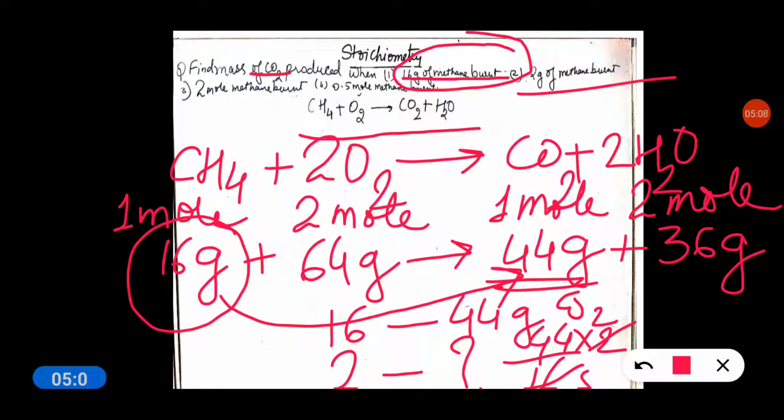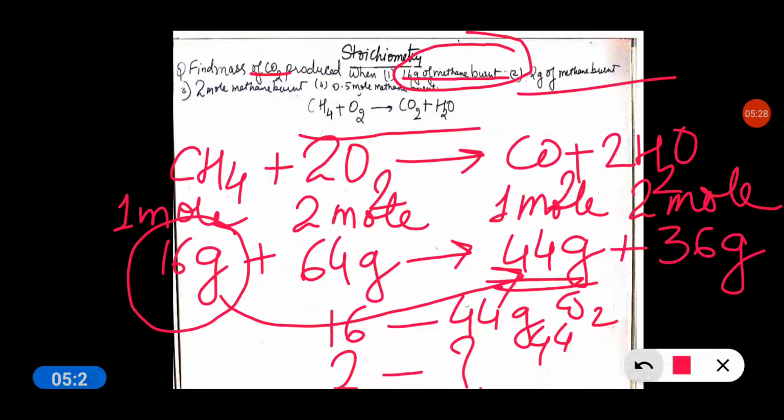That is 11 by 2. In the same way, you will calculate the next part.